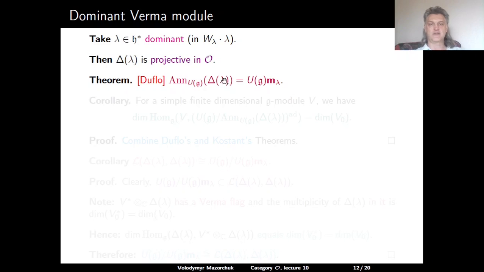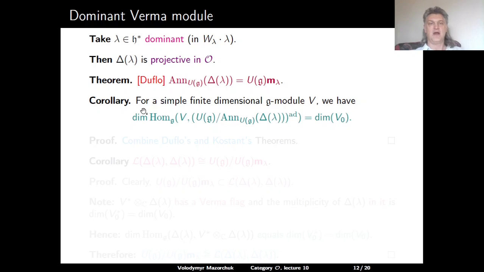This theorem holds for any lambda, not necessarily a dominant one. Here is the corollary. For a simple finite dimensional G module V, the dimension of the space of G homomorphisms from V to the adjoint module U of G quotient with the annihilator of delta lambda is equal to the dimension of the zero weight space of V. This follows directly if we combine Duflo's theorem with Kostant's theorem.